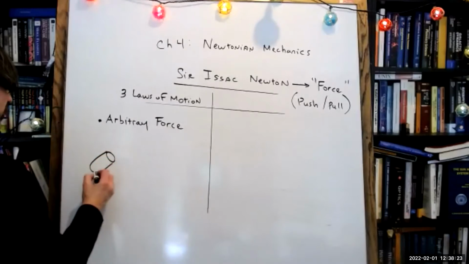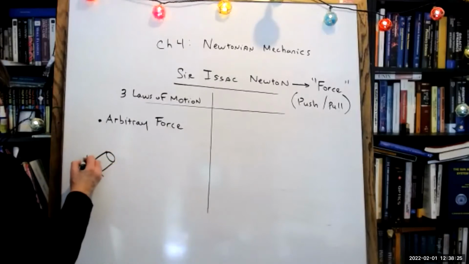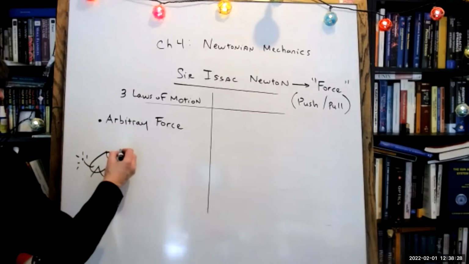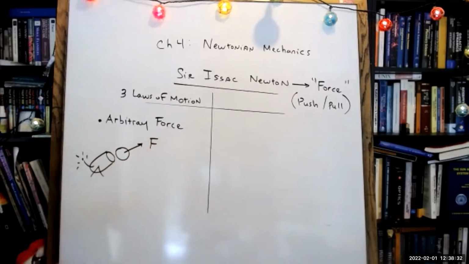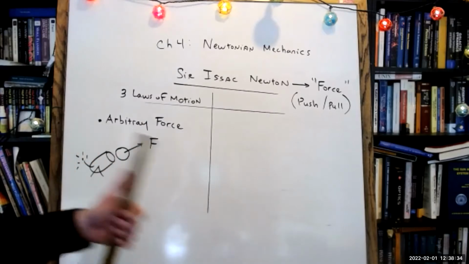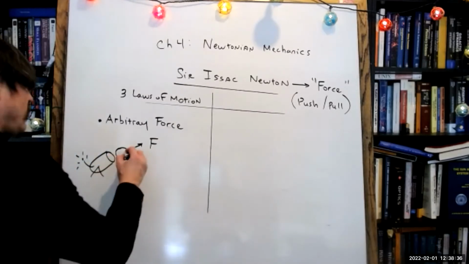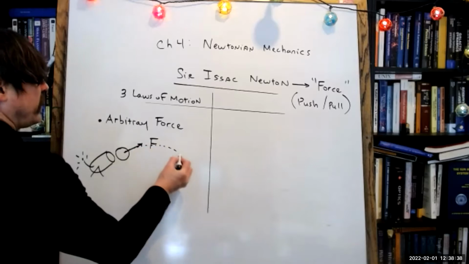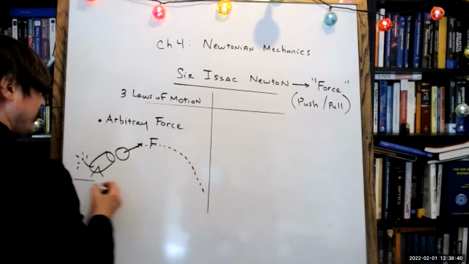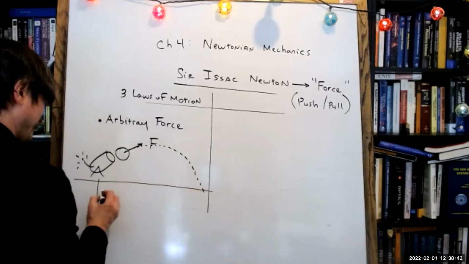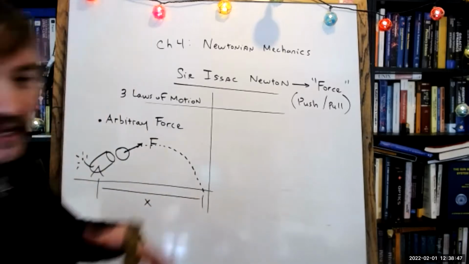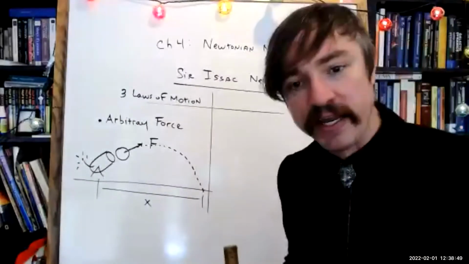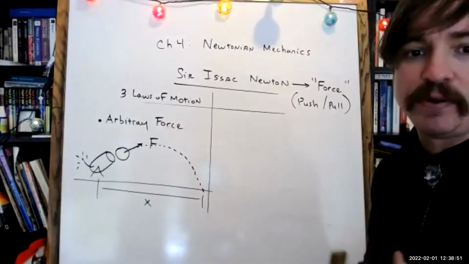So if you take a cannon or a rocket launcher and you apply a force to some projectile, once the force is specified, Newton's laws of motion will tell you how the body will move through space, what distance it will travel before it comes to rest, and other such things. It just prescribes how a body will move when you give it a push or a pull.